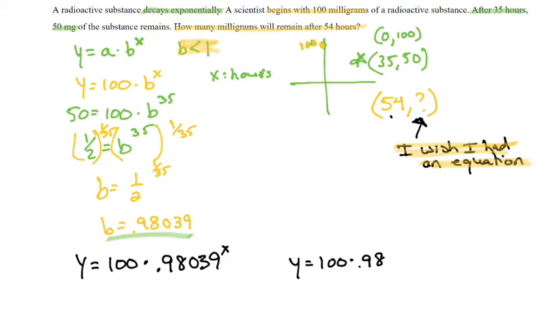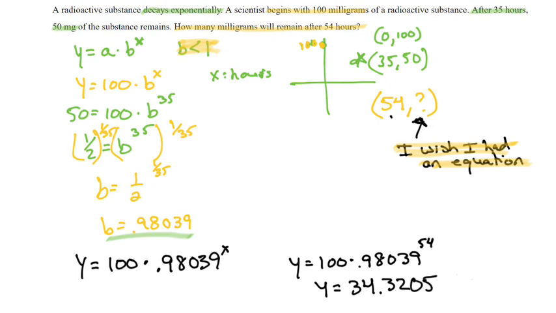Then I could clearly communicate that it was the 54th hour. Instead, I didn't do that. That's my fault. So when I raise this to the 54th power and multiply it by 100, what we end up getting is that y equals 34.3205. Maybe there's too many sig figs.